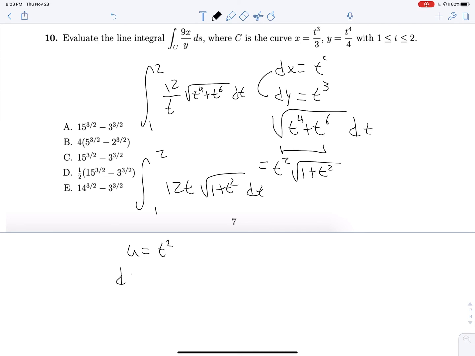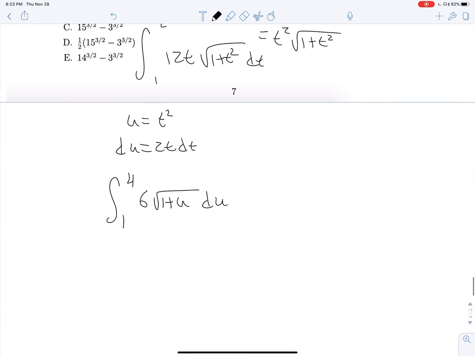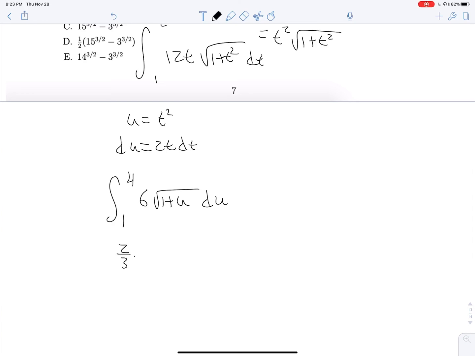U is equal to t squared. Du is 2t dt. And so we can set our integral back up as the integral from 1 to 4 of 6 root 1 plus u du, which will be 2/3 times 6 times the quantity 1 plus u to the 3/2, evaluated on 1 to 4.